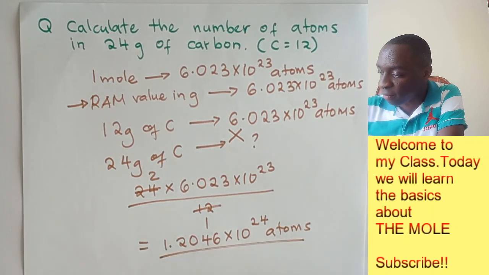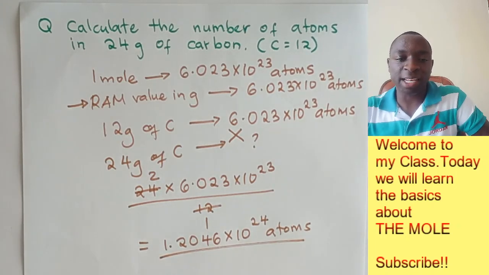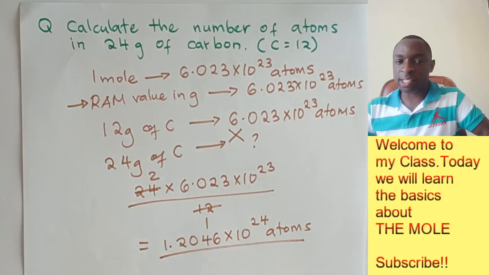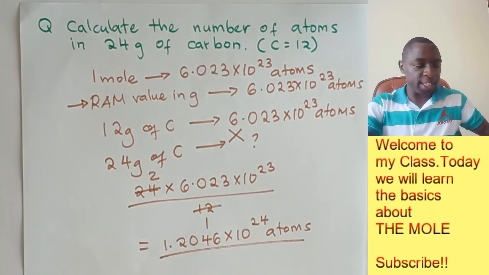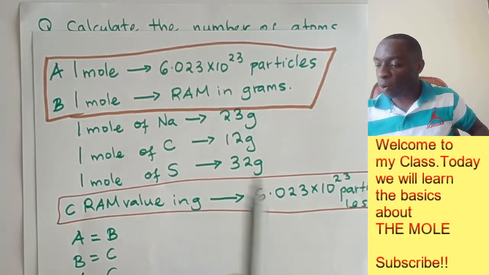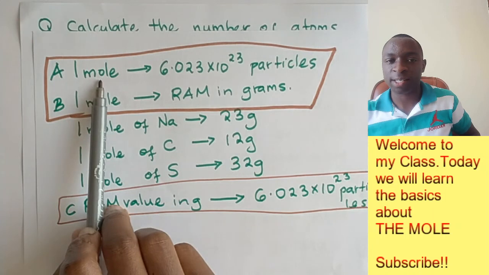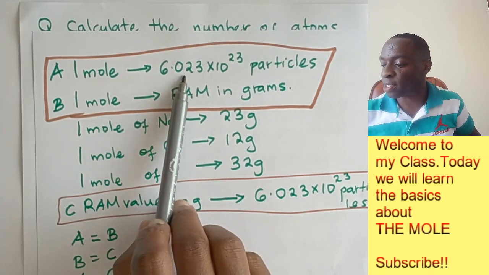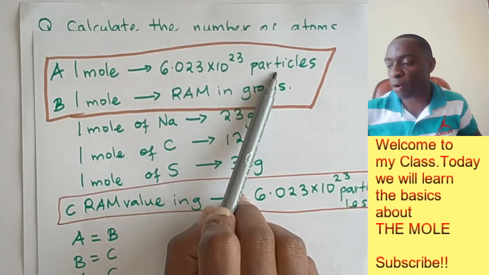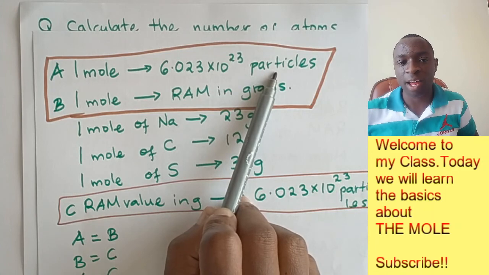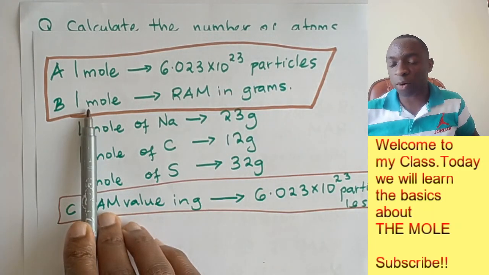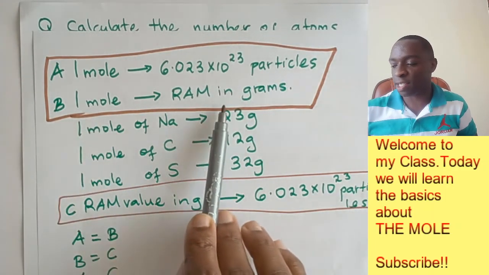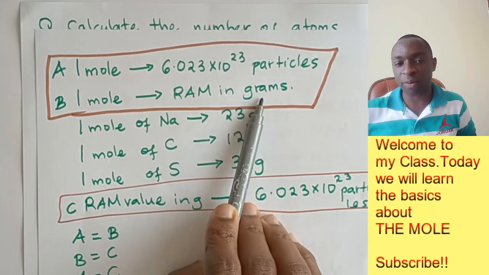So this is a very huge number, but at least now you can see that it is very easy. All you need to remember is that 1 mole of a substance has 6.023 times 10 to the power of 23 particles. And it also follows that 1 mole of any substance is equivalent to the relative atomic mass value in grams.